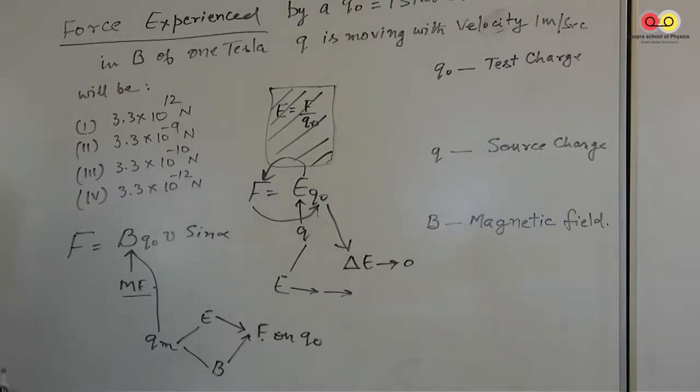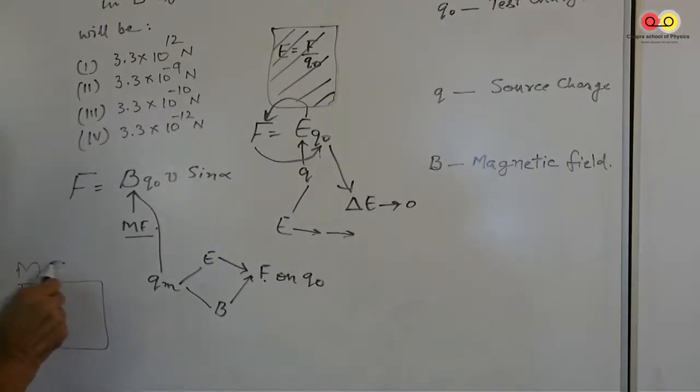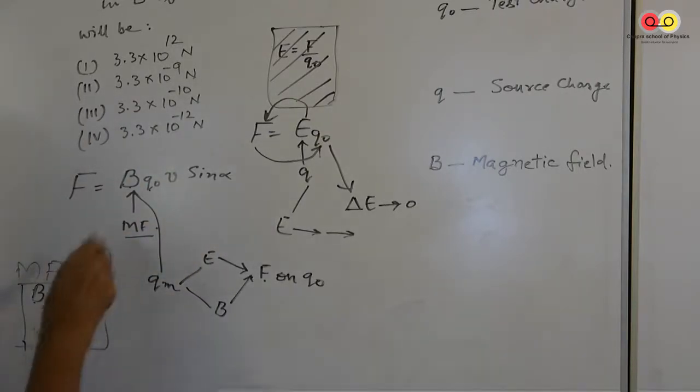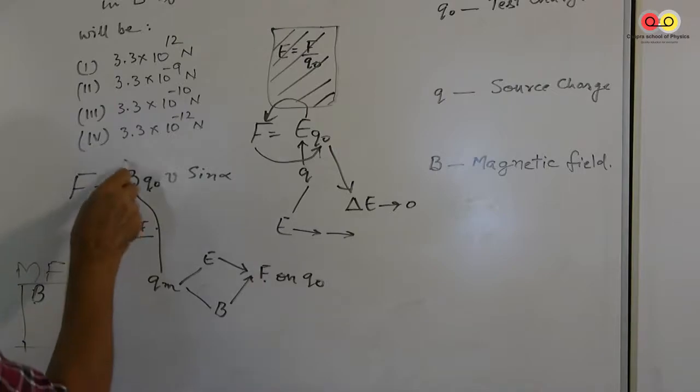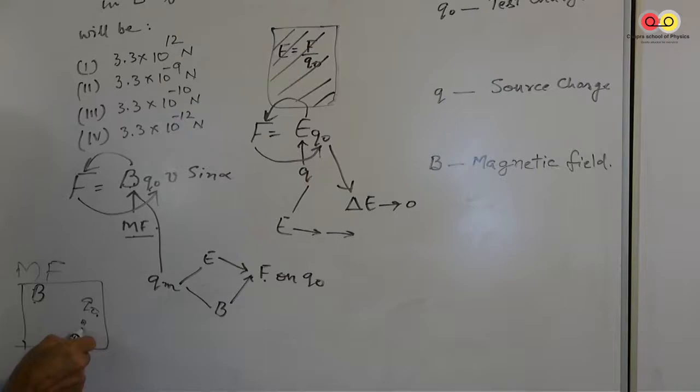It means that if this is magnetic field, and in this magnetic field this is the source charge, test charge Q naught, and the value of the magnetic field is B, then this B will exert force here. That force is B Q naught V sine alpha. So you will now remember, magnetic field is B, it will exert force. Force is experienced by this test charge.